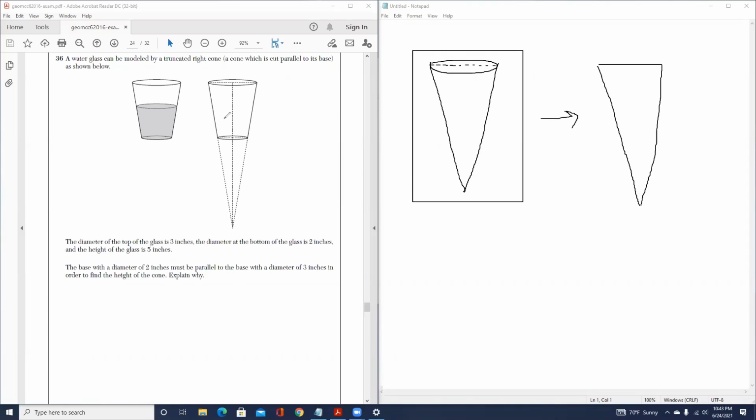And you can set this up as a system of similar triangles. So we're going to include this drawing in our explanation.